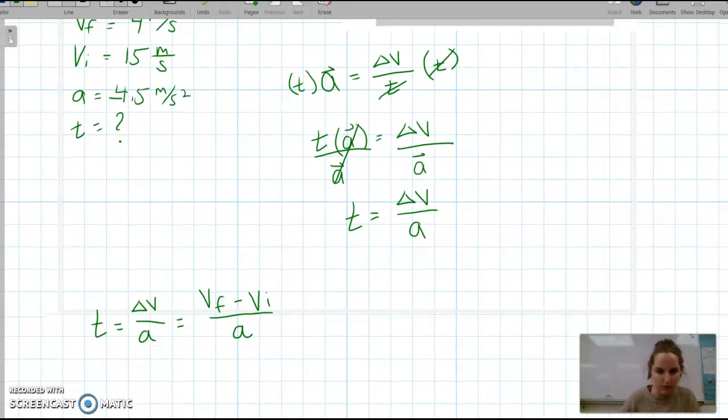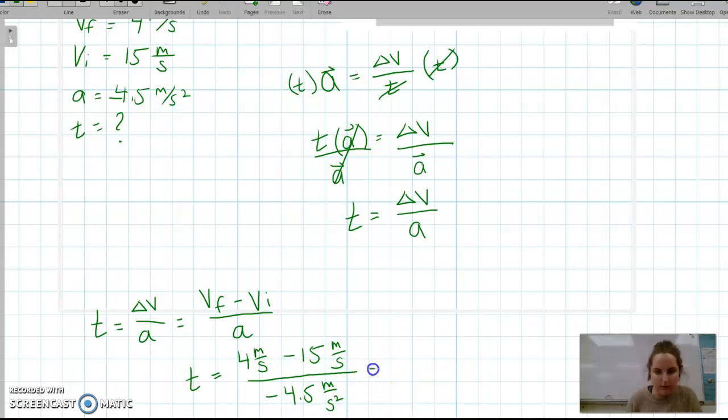Our final velocity was 4 meters per second, our initial velocity was 15 meters per second, and our acceleration was negative 4.5 meters per second squared. Now we just have to do the math.